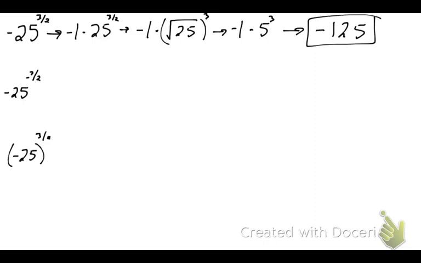Let's consider the second one. Negative 25 to the negative 3 halves. Well, this means negative 1 times 25 to the negative 3 halves. And this means negative 1 times 1/25, because of the negative exponent, to the 3 halves power.